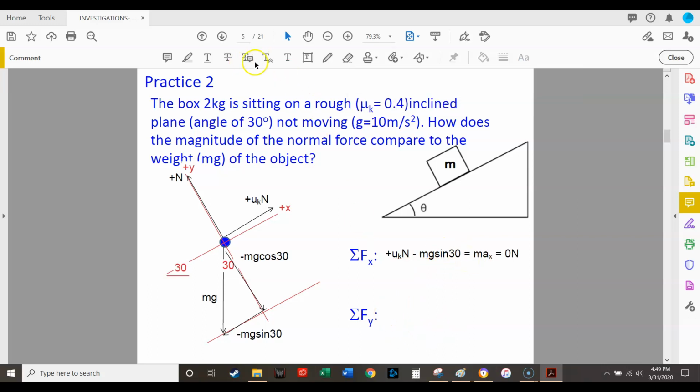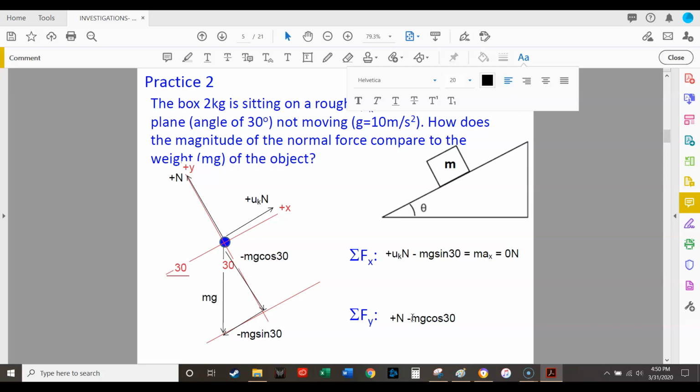In the y direction, I see a normal force pointed up. I see a negative mg cosine of 30 degrees pointed down.